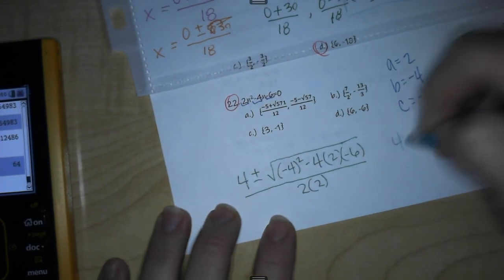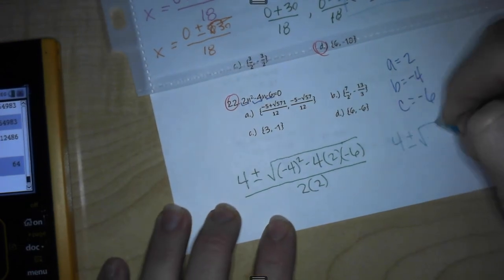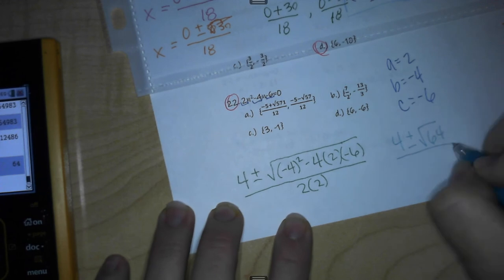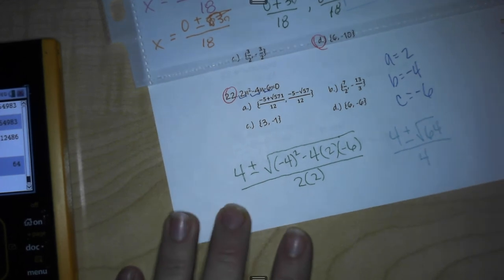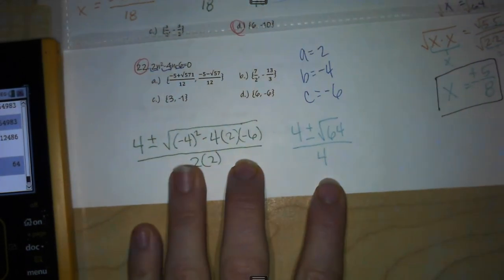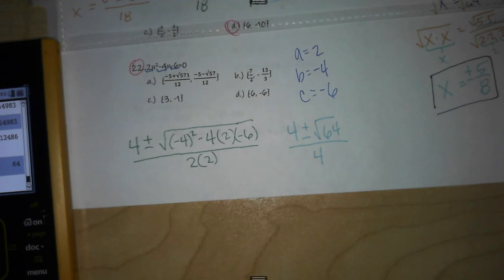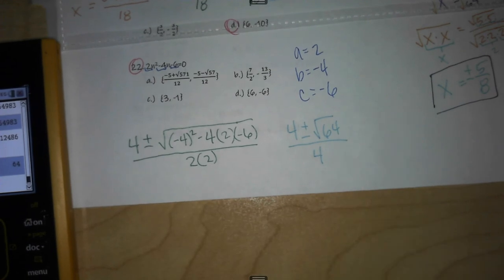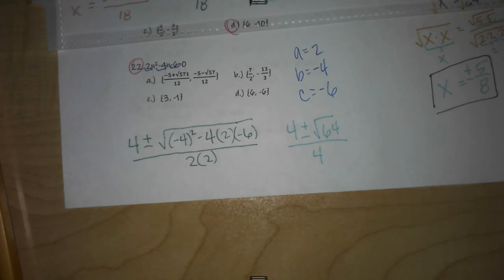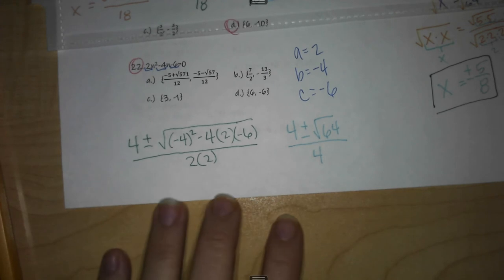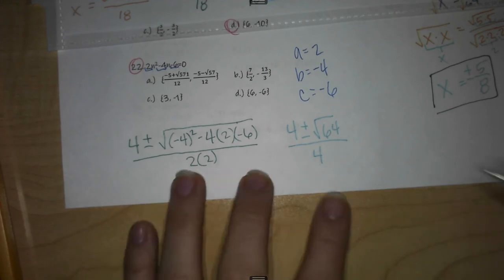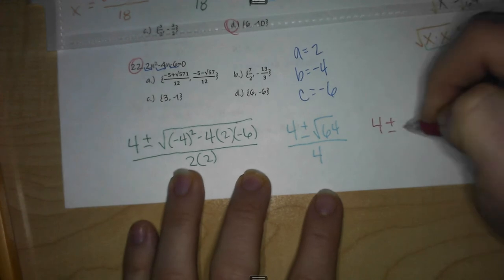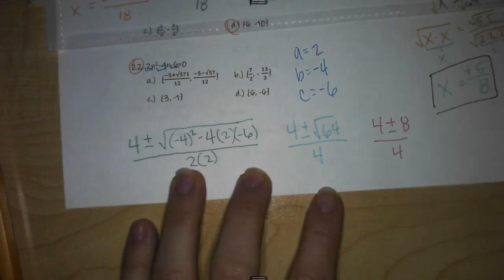So we've got 4 plus or minus the square root of 64. 2 times 2 is 4. Okay, let's keep simplifying. We've got the square root of 64. Square root of 64 is actually a number, so it's 8. So we've got 4 plus or minus 8 divided by 4.